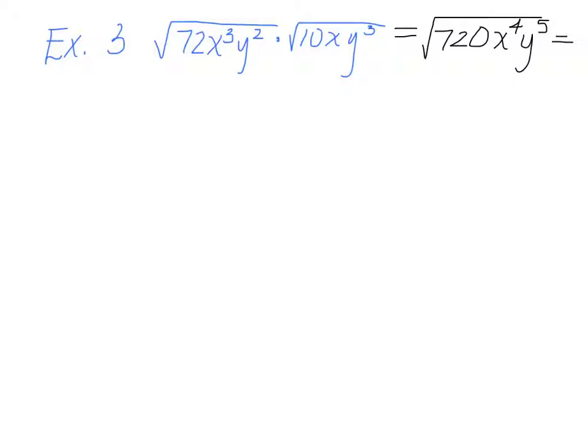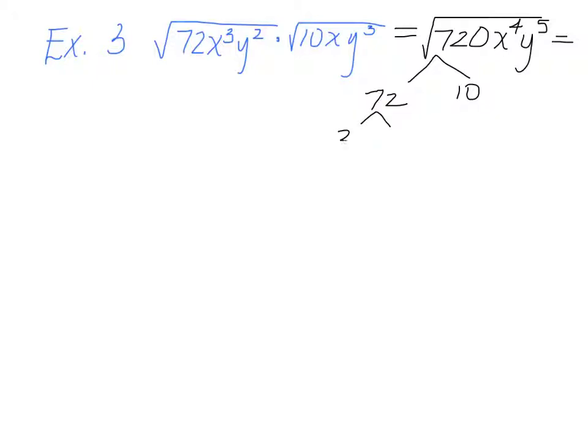And you can do it either way. You can find a perfect square that is a factor of 720, or you can use the factor tree. It may take longer, but whatever way is easier for you. So I know 720, well, I could actually use 72 and 10.